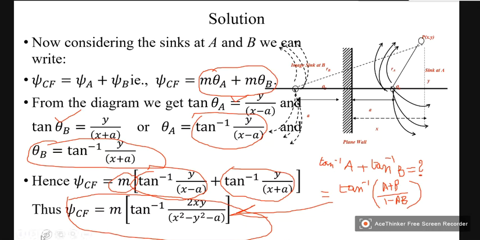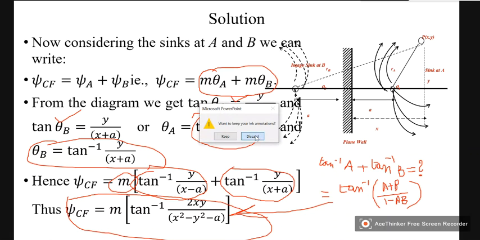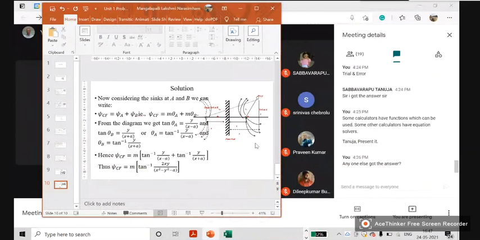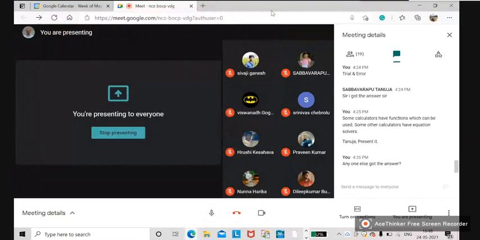Okay. For today, we'll close here. And tomorrow, I will take up this problem, Kelvin oval. And we will also discuss the rotating discs and rotating cylinders problems which I have given.